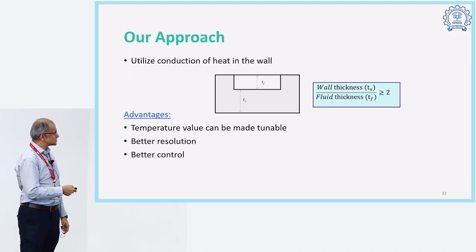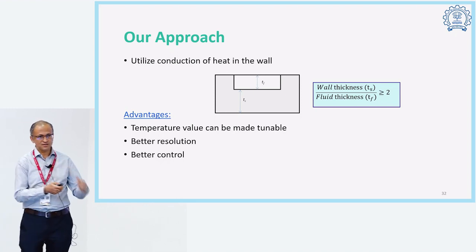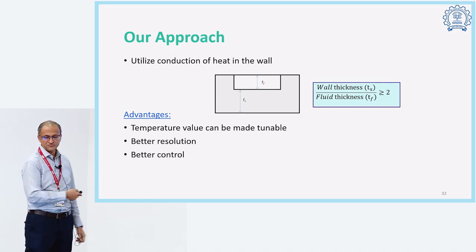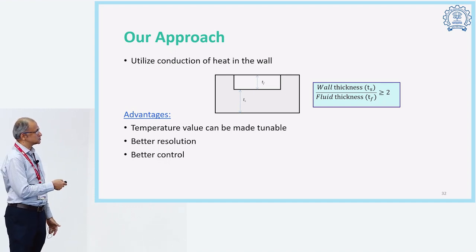But what we also realize is that when you supply heat, you are supplying heat to the walls, and the passage through which the fluid flows is actually a small part of the entire thing, which means that the wall thickness is much larger than the fluid thickness.